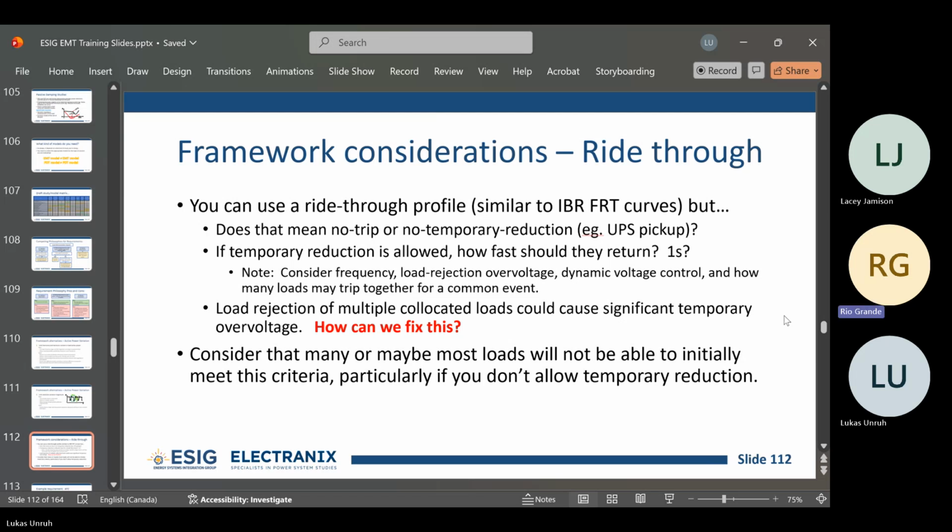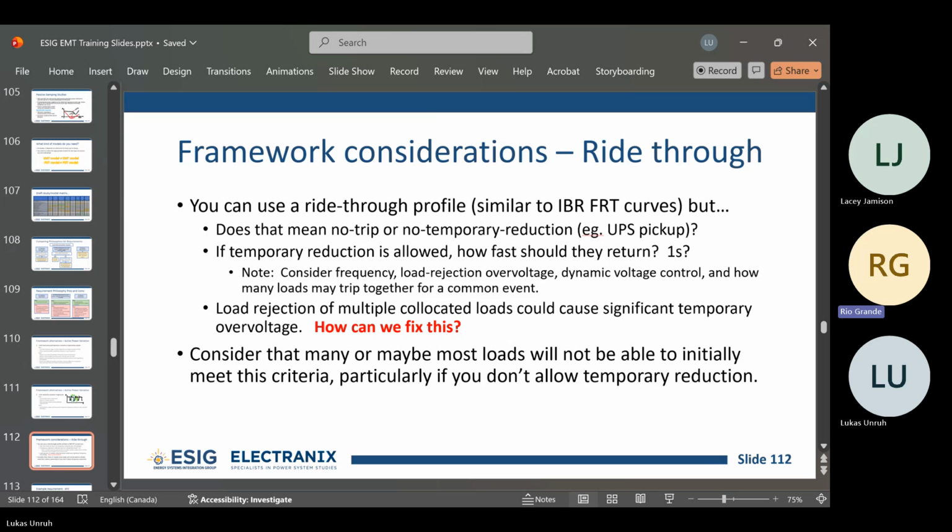If several data centers are located close to each other and they all trip for something, the temporary disconnect might cause a large, significant overvoltage, and we might struggle with how to fix that. Maybe we can use STATCOMs, but it might need a lot of STATCOMs to fix it. So in the meantime, the loads may not be able to meet this criteria.